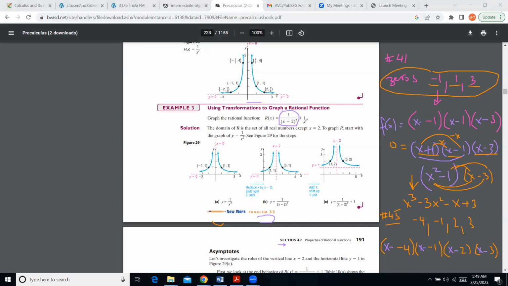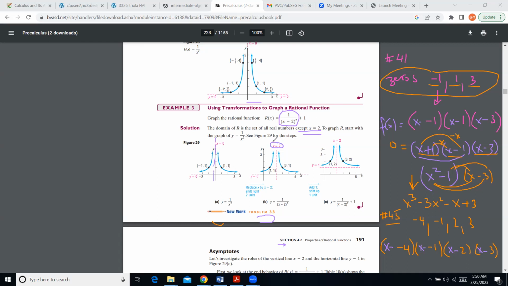So notice that whenever you have that x in the denominator, then you end up having a so-called vertical line as the asymptote. And since 2 makes the denominator equal to 0, then this vertical asymptote is going to be 2.